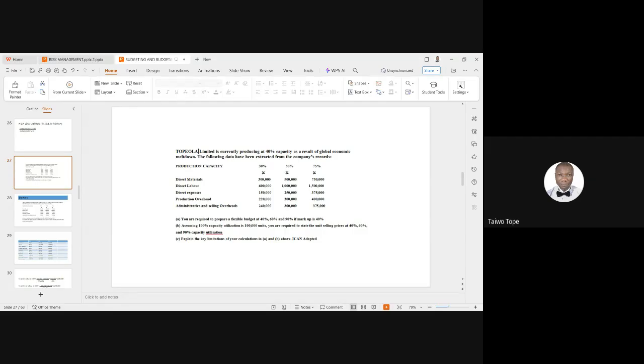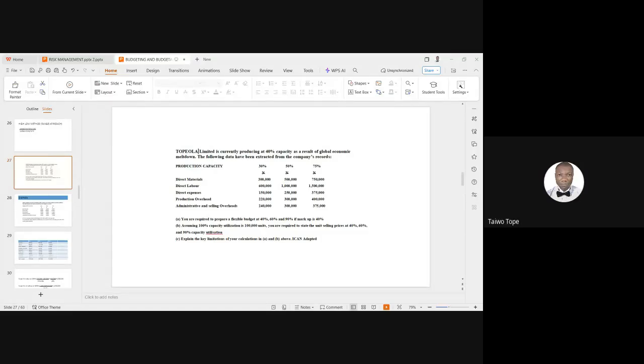Now, direct material, what form of cost is direct material? What form of cost is direct labor? What form of cost is direct expenses? Variable cost. They are all variable costs. Fine.